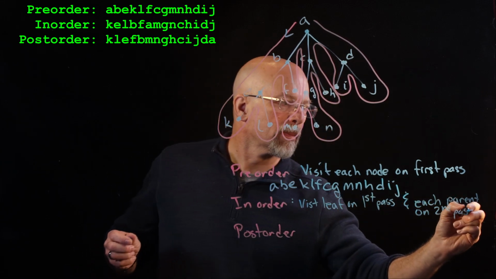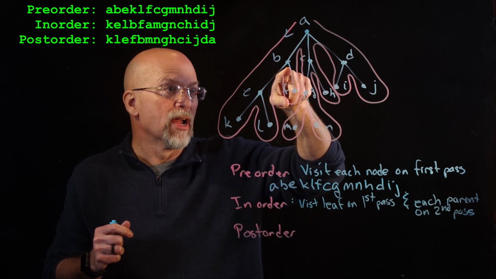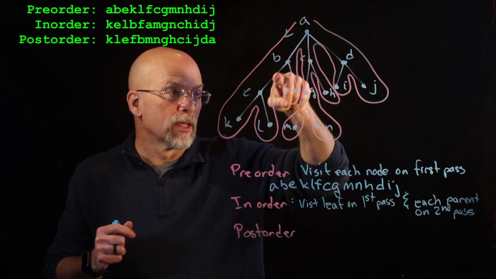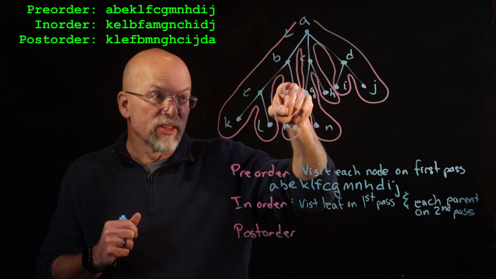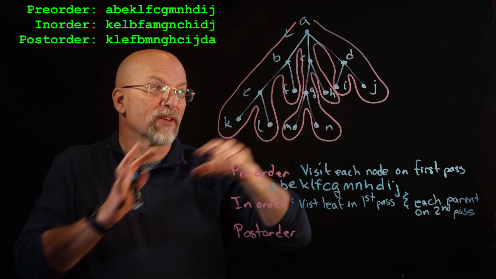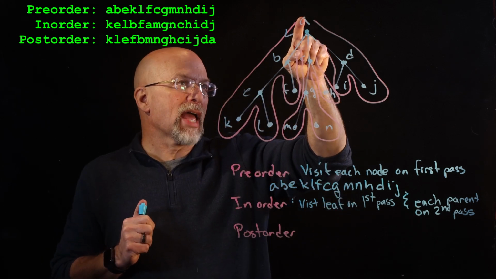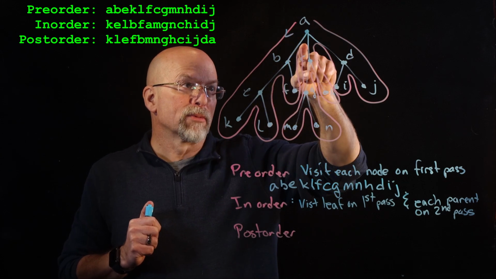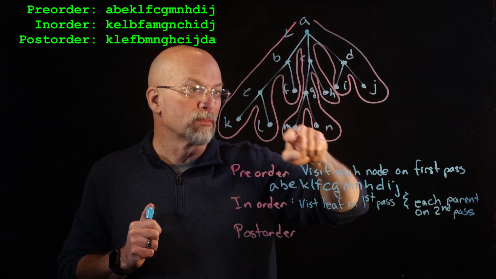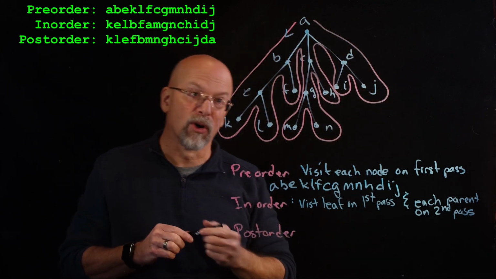So you'll notice that a lot of these parents, for example, let's take a look at B here. B is passed 1, 2, 3 times. So you visit it on the second one, all right? Specifically, and in fact, this is probably most important with A. You don't visit A on the first pass, but when it comes back up, you visit it on the second pass, but you don't visit it again on the third or the fourth pass. That's how it works, all right?